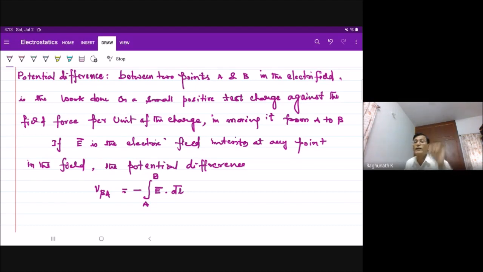So VCE, VC minus VE it is actually. VGS is potential of the gate terminal with respect to the source terminal. VBA as such will give me, later on we will see that, VB minus VA, where VB and VA are the potentials at the points B and A respectively. VBA is equal to minus integral A to B E bar dot dl bar.